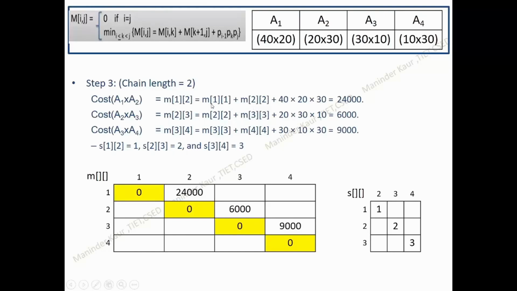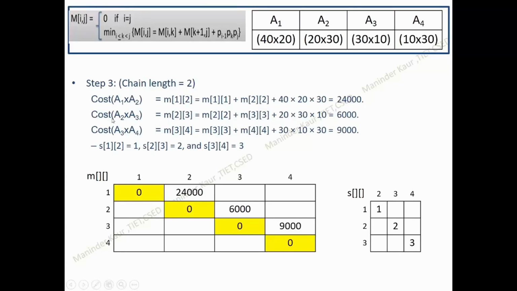That means the cost of multiplying the first single matrix, plus the cost of the second single matrix, plus the cost of multiplying these two matrices. Now, the cost of multiplying these two matrices will be 40 into 20 into 30, and M11 and M22, as you know from the table, are 0 because a single matrix doesn't involve any multiplication. The result is 24,000.